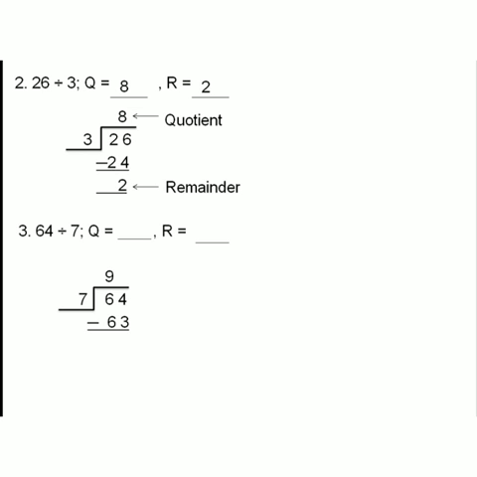Next, we will subtract 63 from 64. We get remainder 1, which is our remainder. So 9 is the quotient and 1 is the remainder. Write in these blanks: quotient is 9 and remainder is 1.